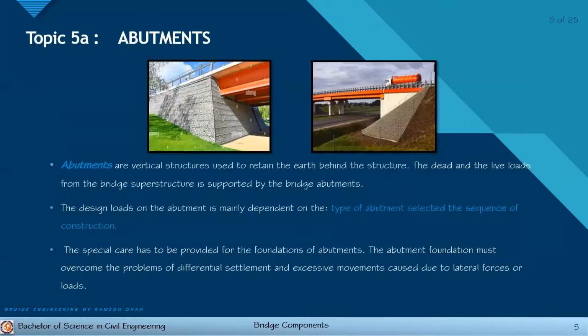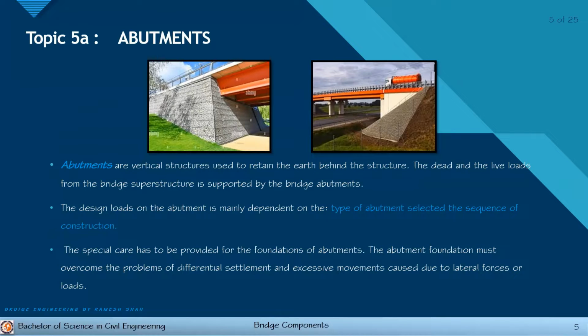Pero ang bridge abutment, ito ay ginagamit sa ating mga bridges in order to support our bridge from any lateral forces or any lateral loads from the bridge superstructure. When we say bridge superstructure, these are the parts of the bridge on top of the abutments, such as decks, the beam, or basta yung mga nakikita natin sa taas na parte ng ating bridges.